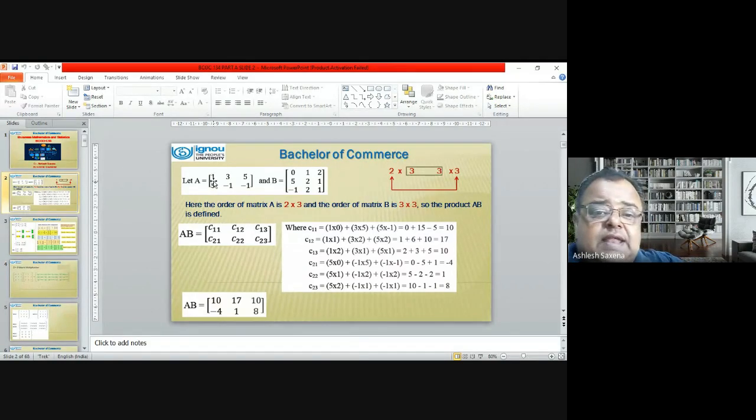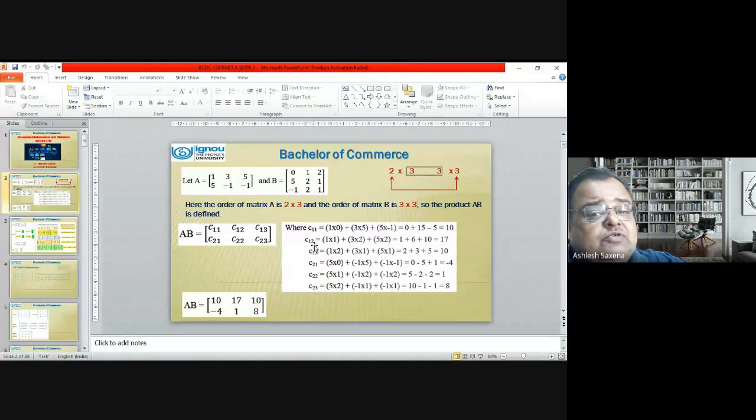You can see that this is the first element and this is the first element of the second matrix. We are going to multiply 1 with 0 plus 3 with 5 plus 5 by minus 1. You can see over here it is written, that is C11.